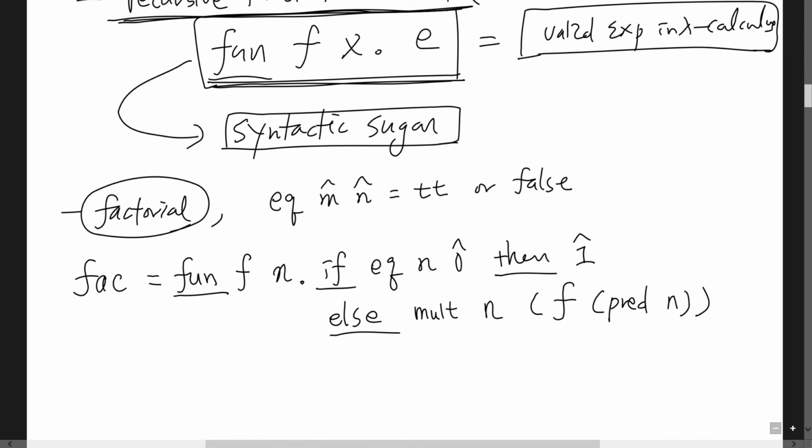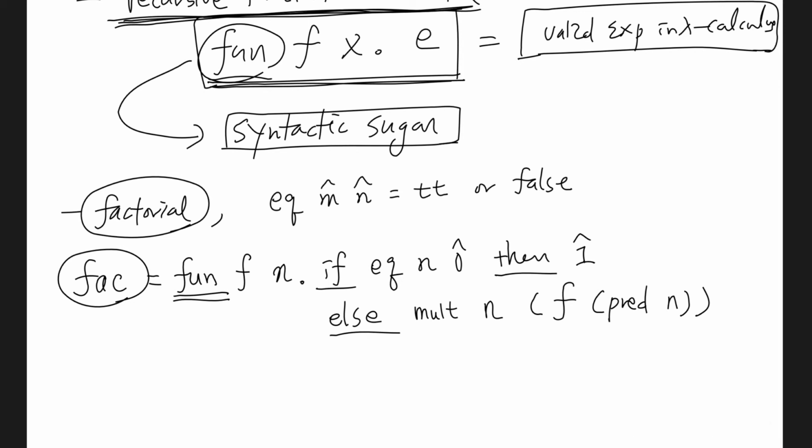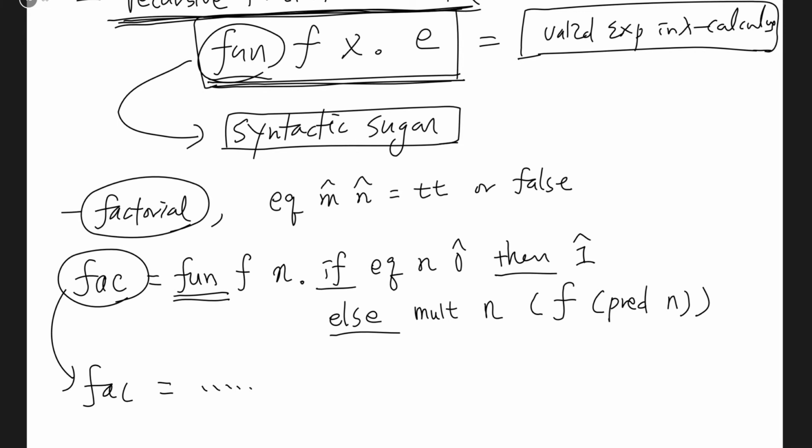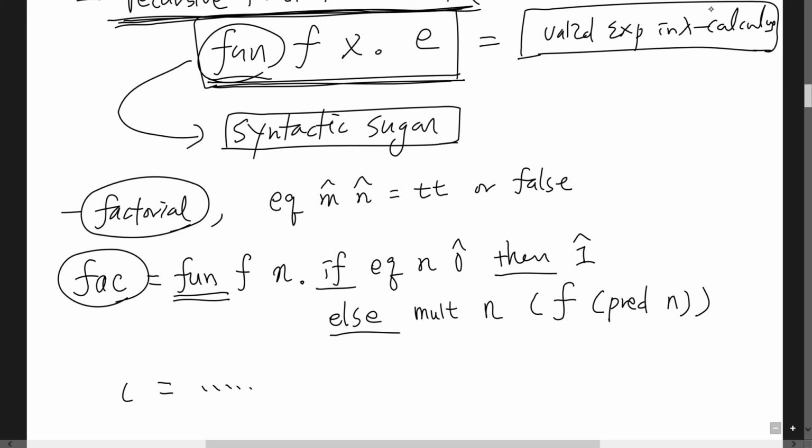So we have defined this factorial function using this recursive function construct. Of course, we don't have this recursive function construct defined as a valid expression yet. So later we will see how this factorial function can be written as a valid expression in the lambda calculus. And here is how.